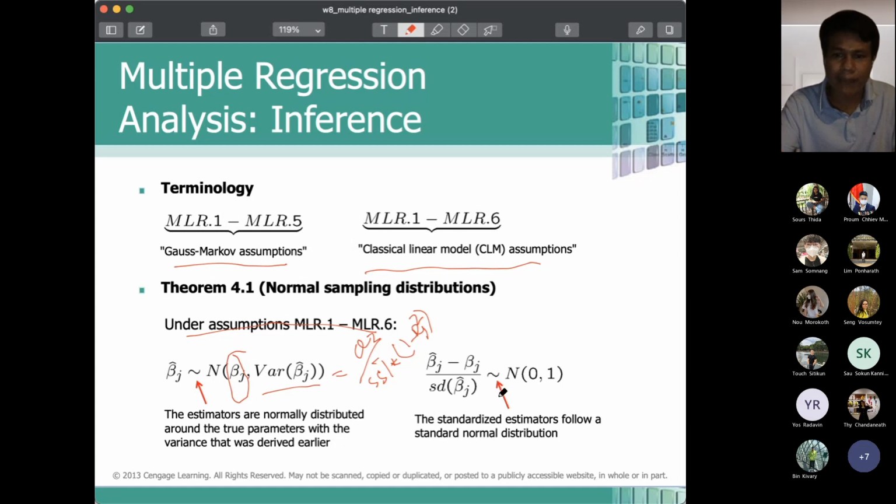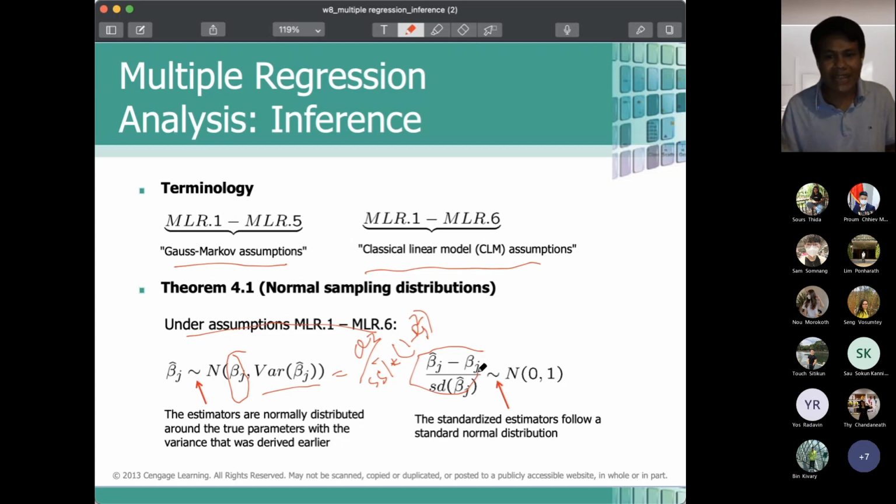If this is correct, we have the standard normal distribution with a mean of 0 and variance equal to 1. But the most important thing is to remember this equation.